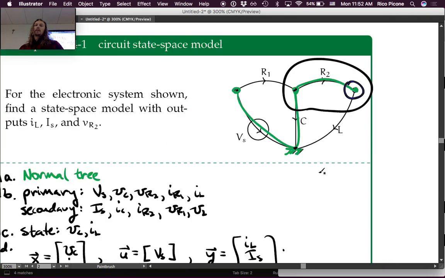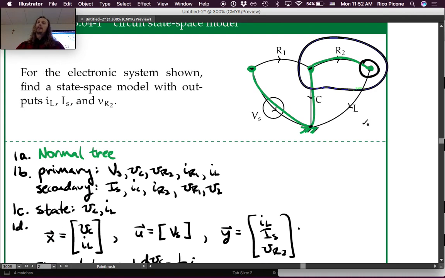Similarly, we could include the inductor element, and that would create this loop here, right? And we could start at any node, go around the loop, sum up the drops, subtract the gains, equals 0, solve for VL. Or we could say the vector that goes from this node to this node is VL. It has to be equal to negative VR2, because I'm going against it, negative VR2 plus VC.